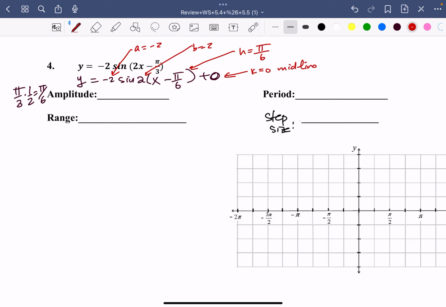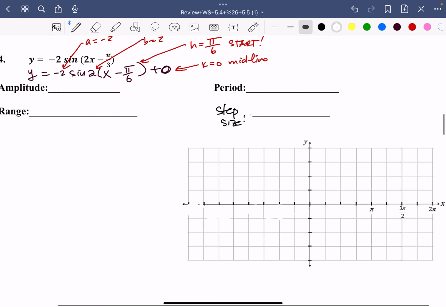H is our new starting value, left to right. So let me go down here and clean this up for you, and I'll make sure that you have a graph paper that does not have these marked on it.